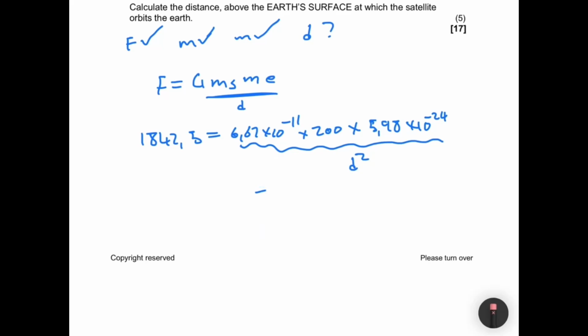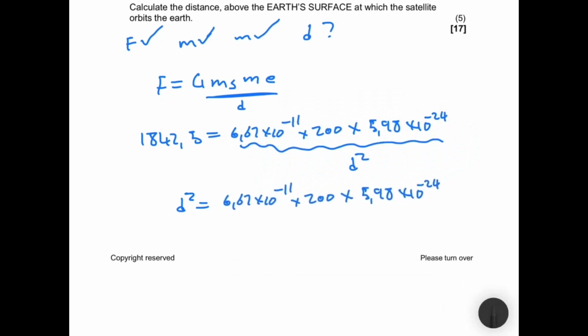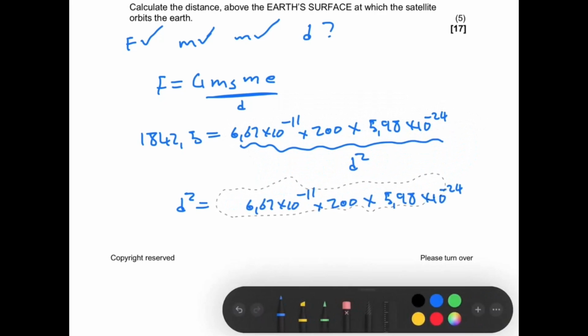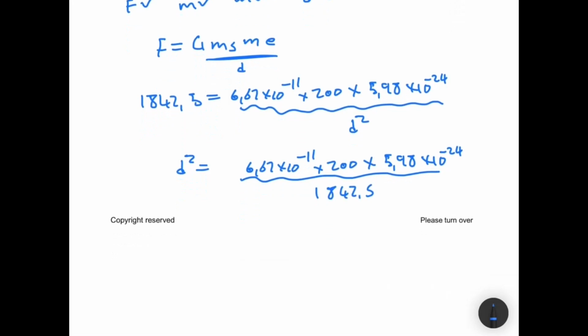So we're going to have D squared being equal to this entire expression here, right? So let me just duplicate it for the sake of time, and then we divide that by 1842.5. And then after you do that, you definitely take square roots on both sides, right?